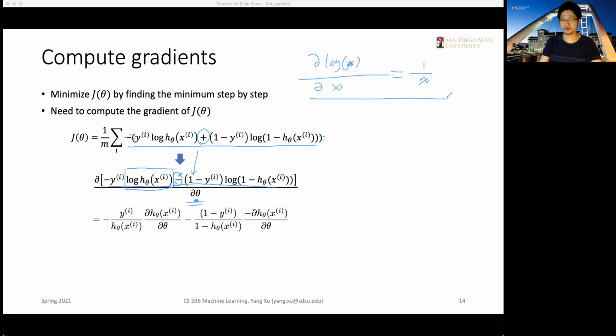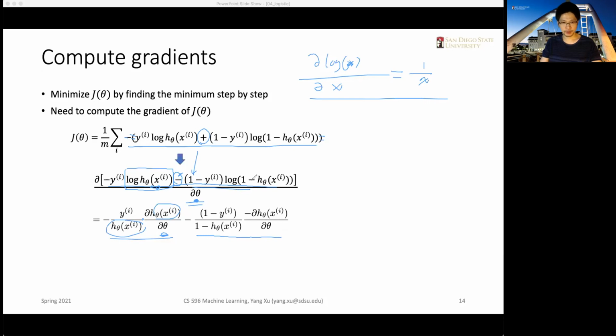So the inside of the logarithm function is h theta of x. So we will first put 1 over h theta of x outside there, and then take the derivative of this h theta of x with respect to theta, and multiply these two derivatives together. Okay, so that is basically the chain rule, and we do the same chain rule for the right part as well. Okay, so this is the right part.